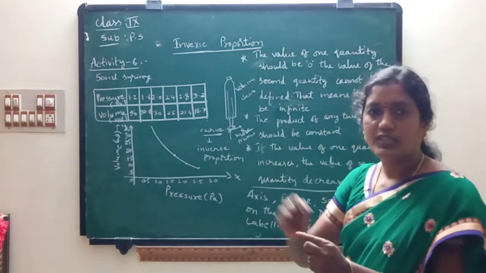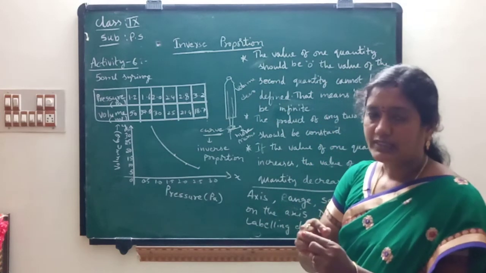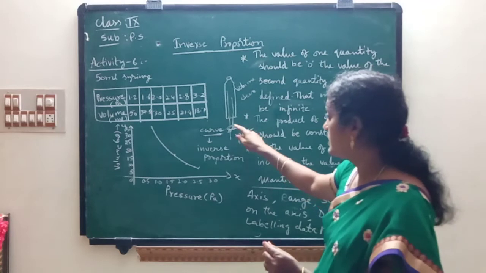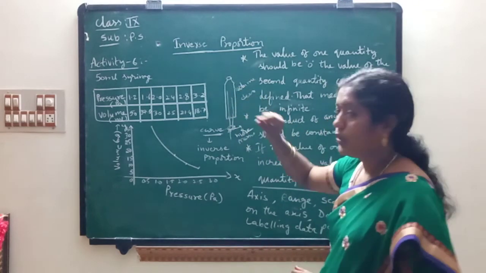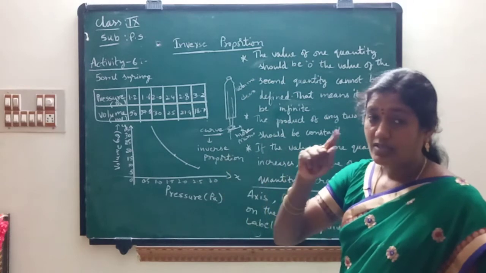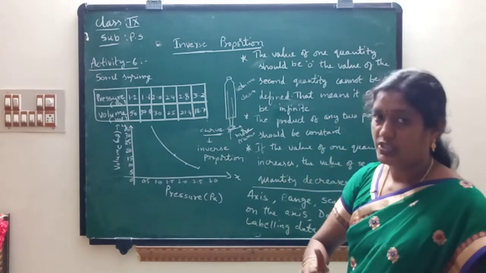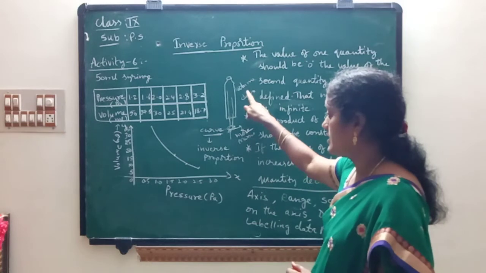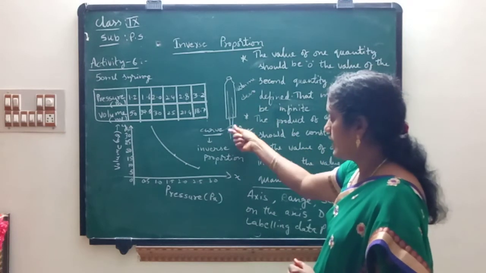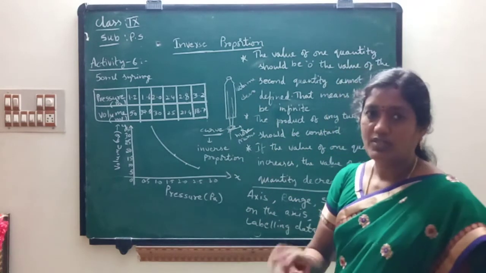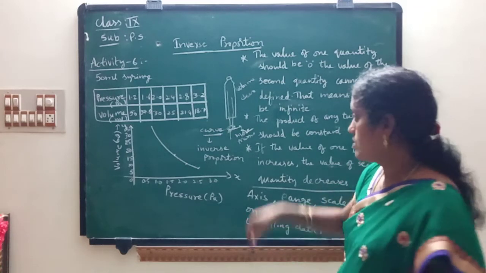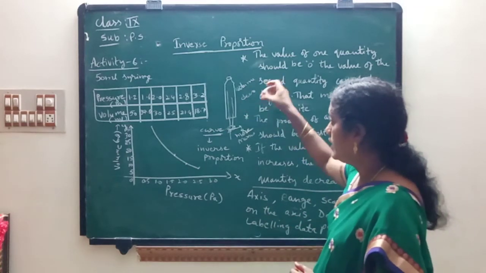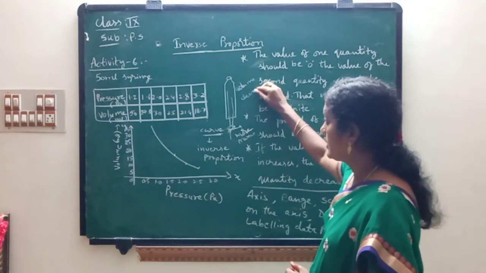Because we are pushing the plunger into the syringe, so the volume of this space keeps decreasing. As you apply more pressure, the volume decreases. And if you pull the plunger outside, that means we are not giving more pressure, so in that case the volume increases.